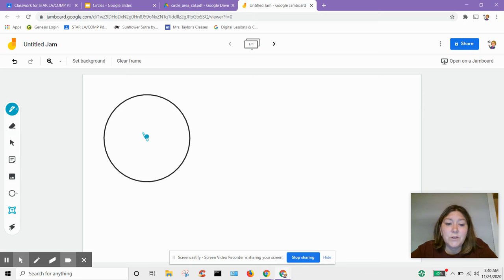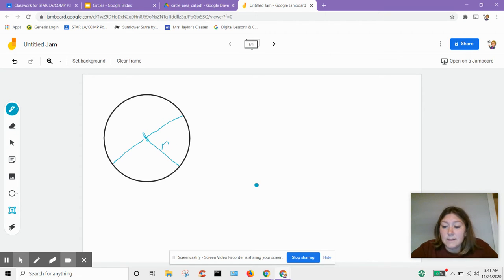From the center of the circle to the outside of the circle, it doesn't matter which direction we're going, anywhere from the center to the outside of the circle, we call that distance the radius.